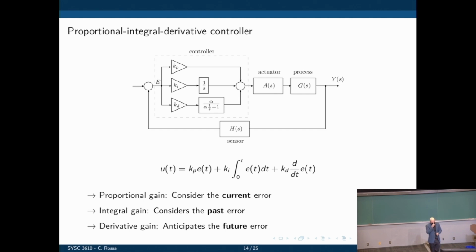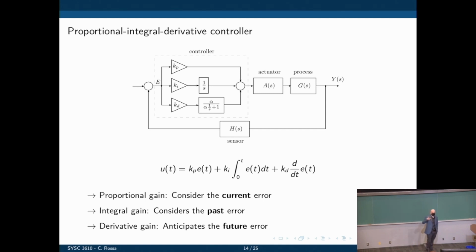So this is not a simple task. We have three elements to tune. All of them will influence the transient of the system. Two of them will influence the steady state error. So there isn't a single solution. If I have a specification in terms of settling time or steady state error or overshoot, I have three elements to tune now.